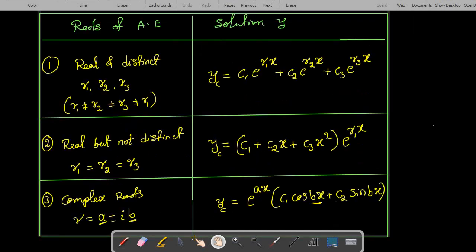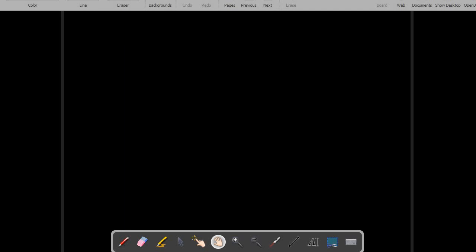So now we can write the general solution. So what is the general solution? General solution of the given differential equation is y equal to yc plus yp.